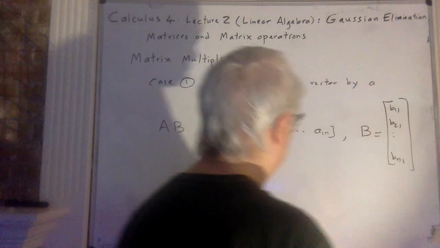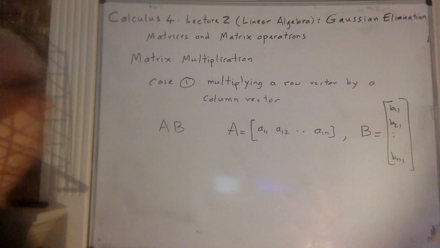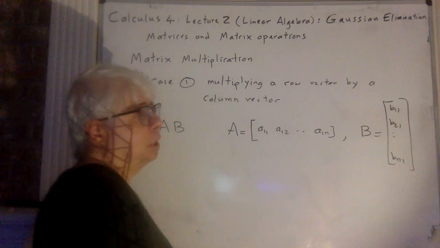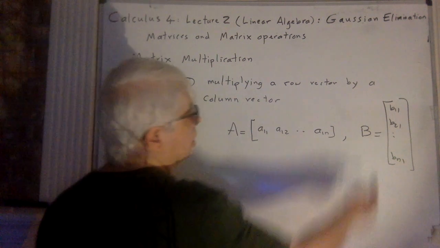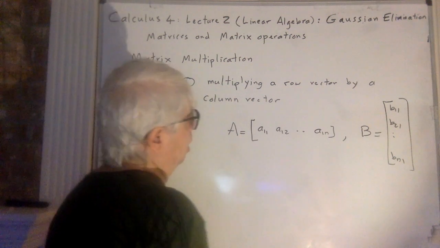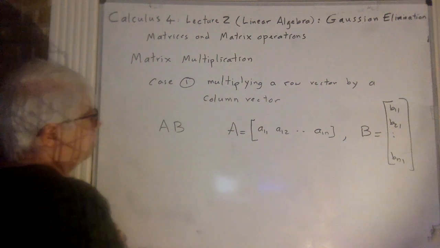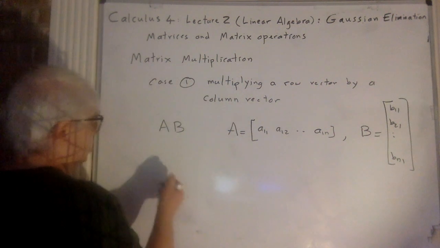Now you can see the dimension of this, we can say it's n. It's 1 by n, 1 times n is n. The other one is n times 1. But let me define this multiplication, then you will see why I need the same dimension.